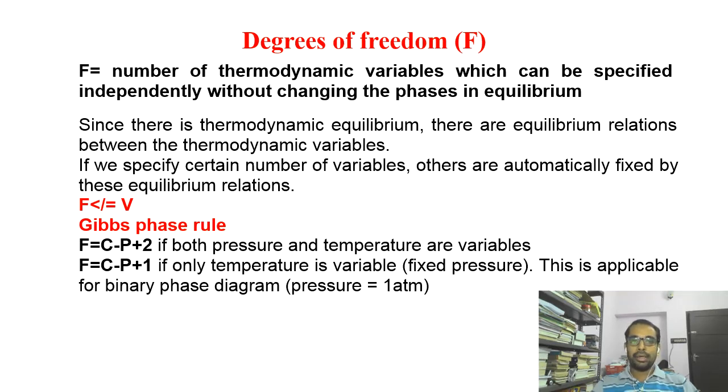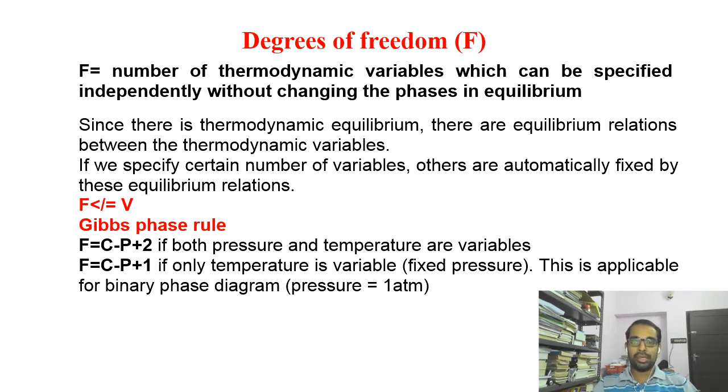That is, if we have V as the total number of variables, and we specify a certain number of them, then other variables are automatically fixed in order to have the equilibrium conditions.